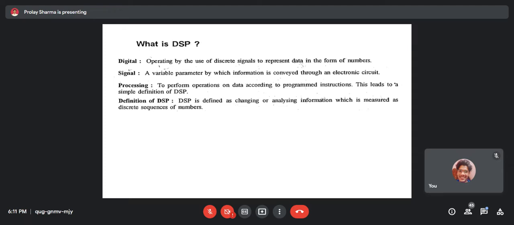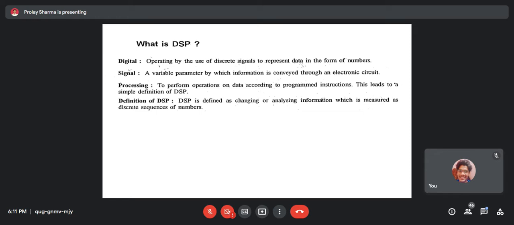Now if we put up a formal definition, DSP is defined as changing or analyzing information which is measured as a discrete sequence of numbers. So whatever signals we will process are digital in form, that means analyzing information in discrete time sequences, digital signals. This is called processing.